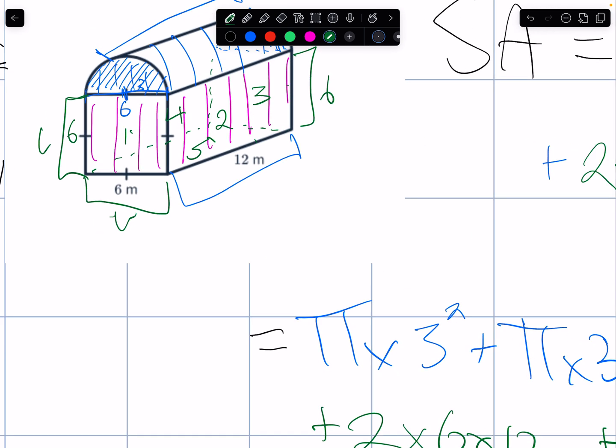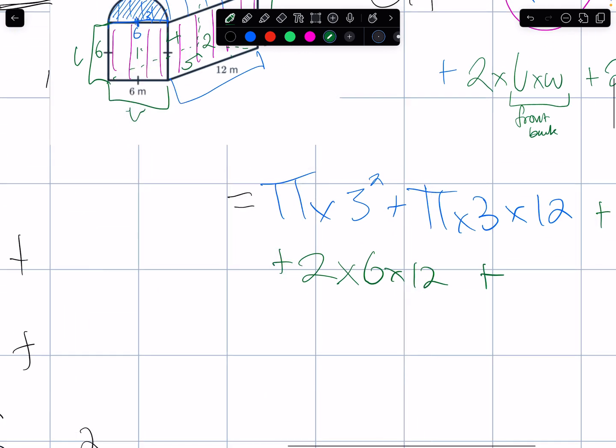Notice we only have one base, which is 5, which is 6 times 12 again. Is equal to, now I'll do them in two parts. So I'll say pi times 3 squared plus pi times 3 times 12 is 141.37.